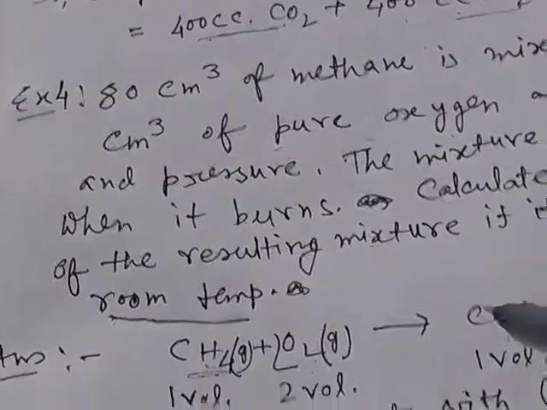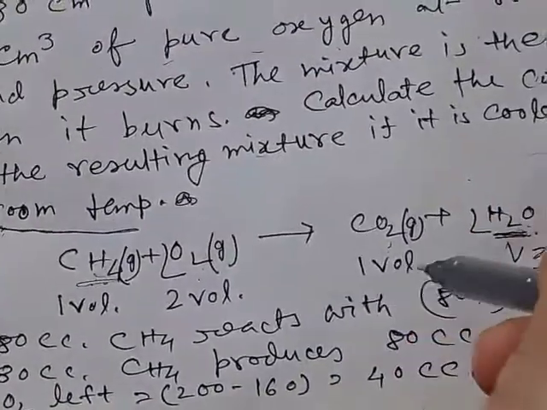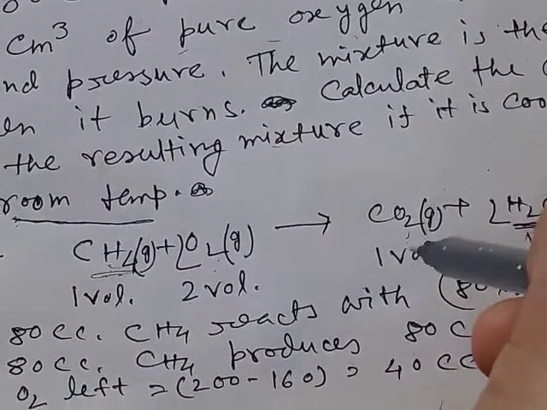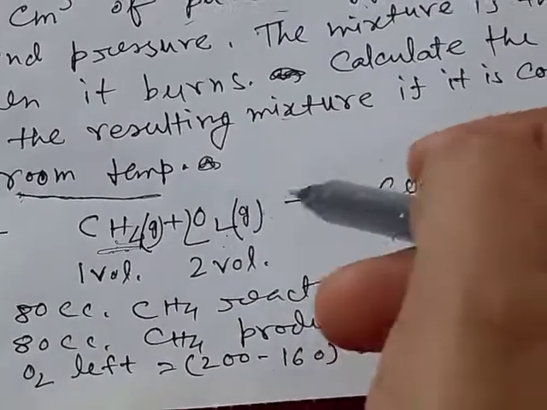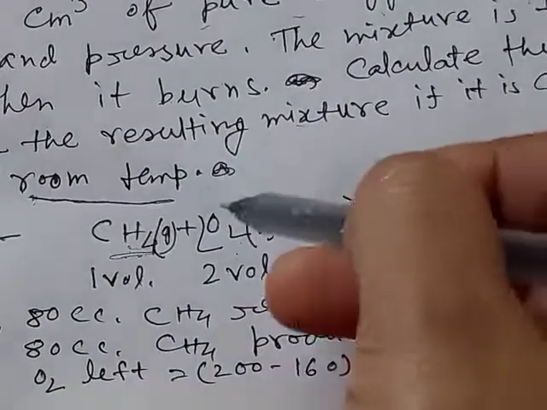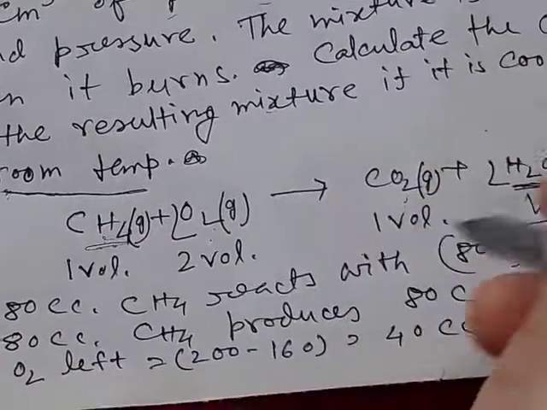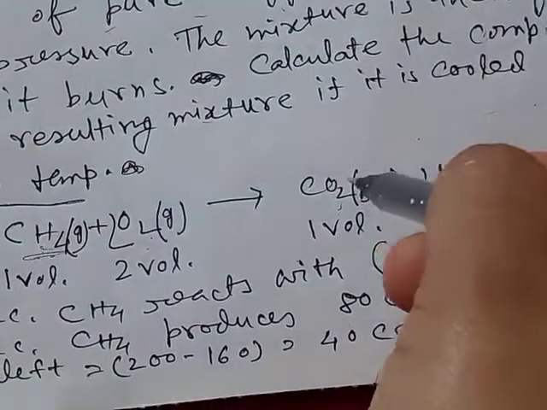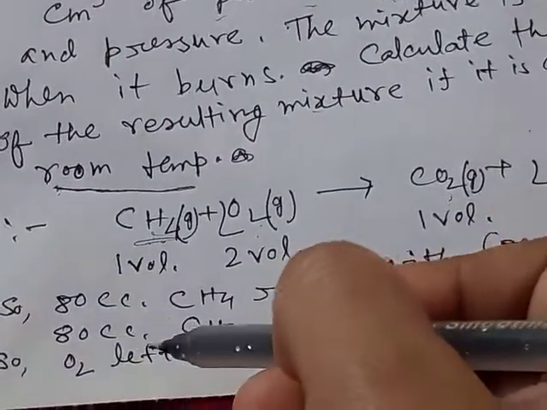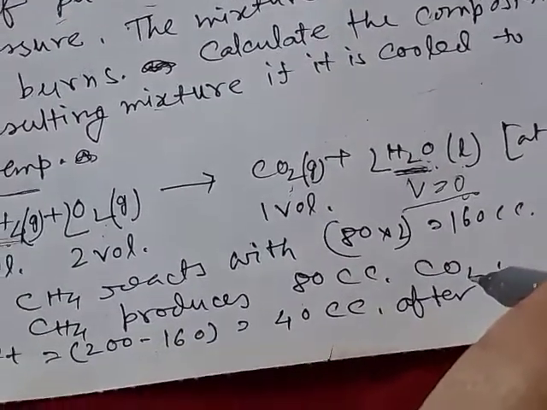We have to determine the composition of the resulting mixture. In the resulting mixture there will be the product, and also any reactant that remains in excess after reaction. So here carbon dioxide is formed. From 1 volume methane we get 1 volume carbon dioxide. So from 80 cc methane we get 80 cc carbon dioxide.